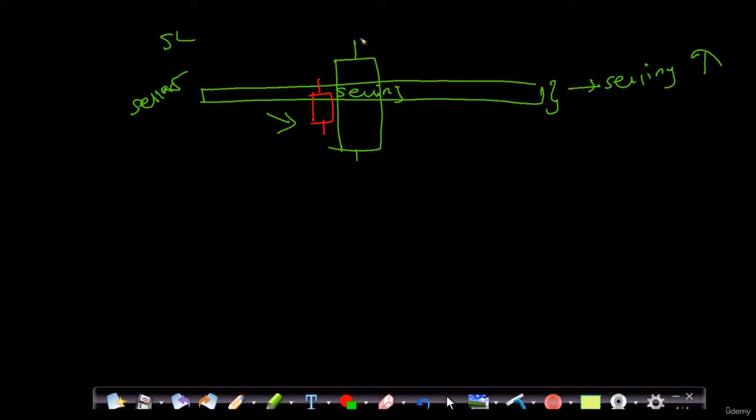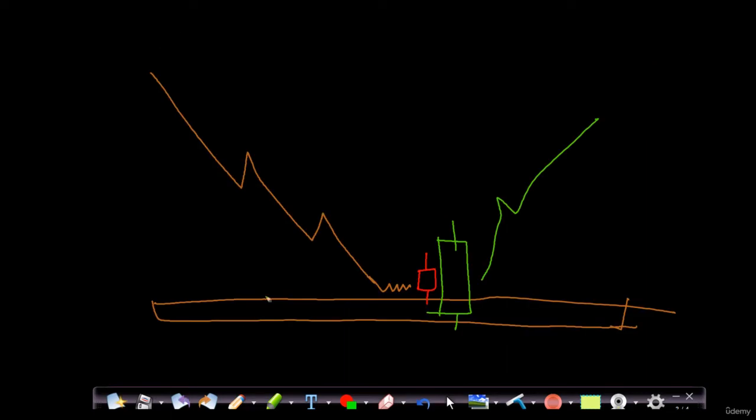Their stop loss will hit, and when the sellers' stop losses hit, they need to buy. That means the market will continue its bullish run. But doing this trade is a little bit riskier compared to the previous one. This one is very safe.